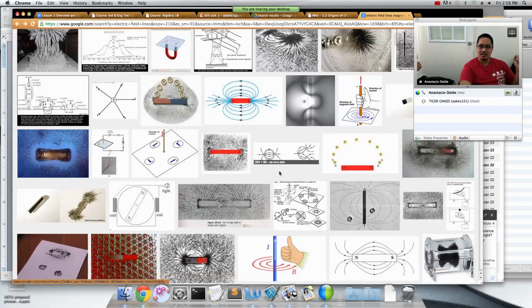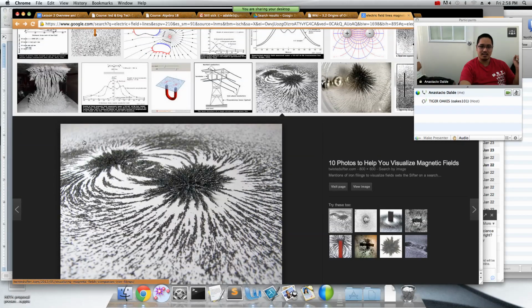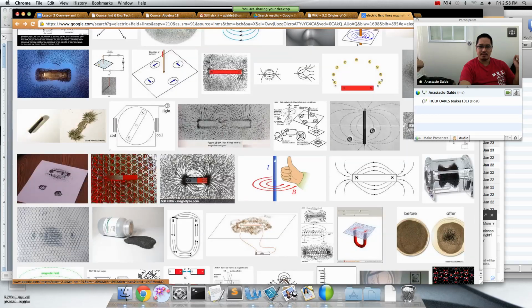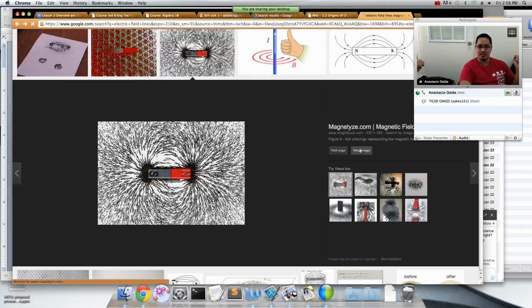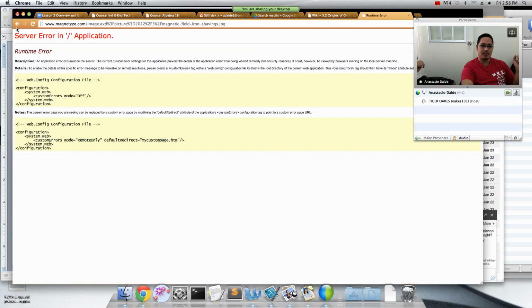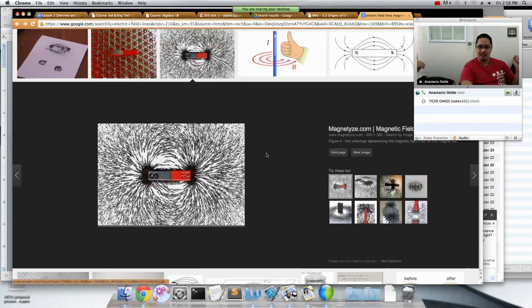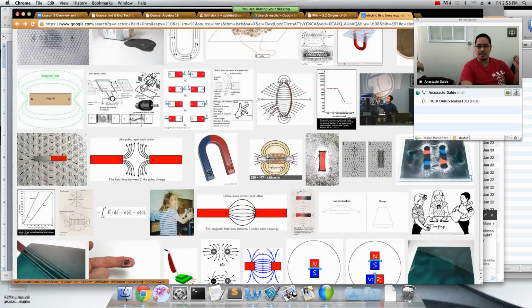I actually used to have these demonstrations, and it's really cool. So these are actual pictures that gave me a server error. But this is the idea behind electric fields.